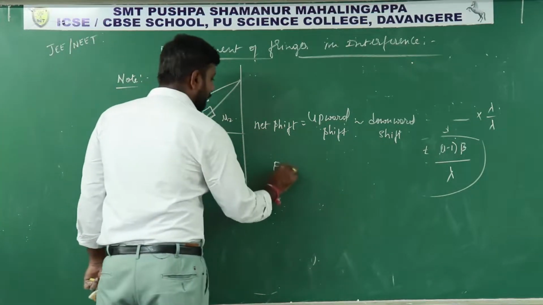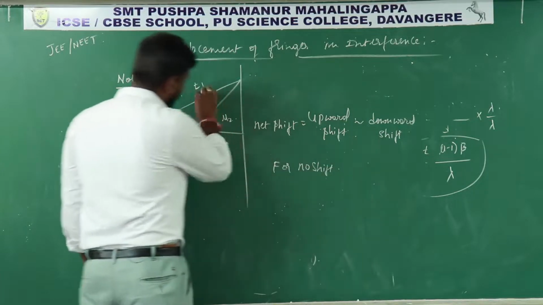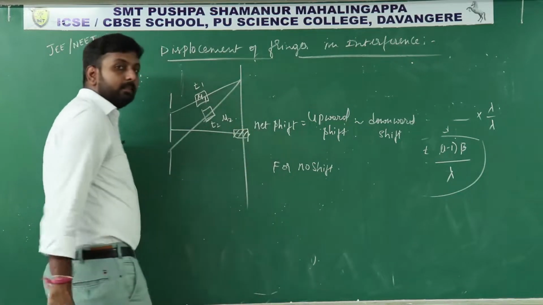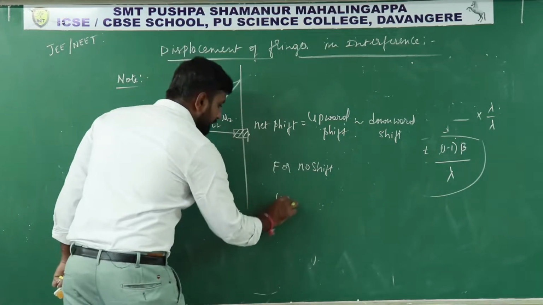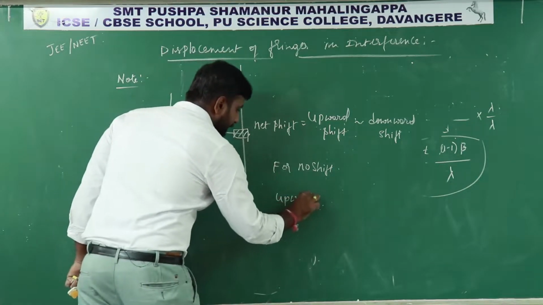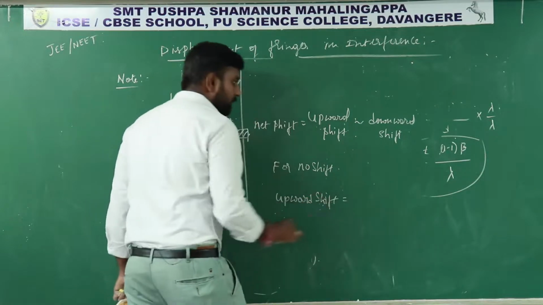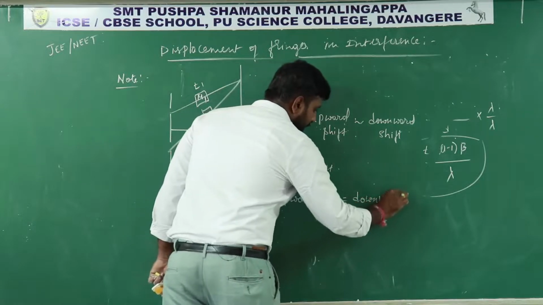And for no shift, after placing the two slabs, if there is no shift in the fringes, then the upward shift is equal to the downward shift.